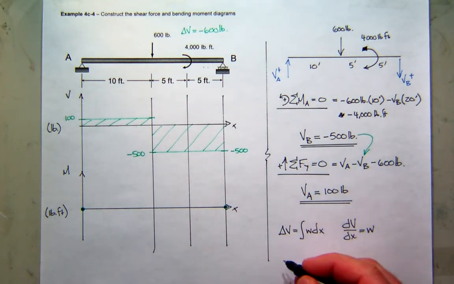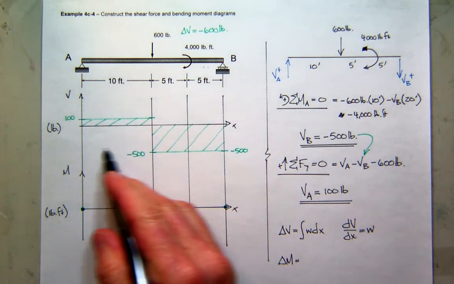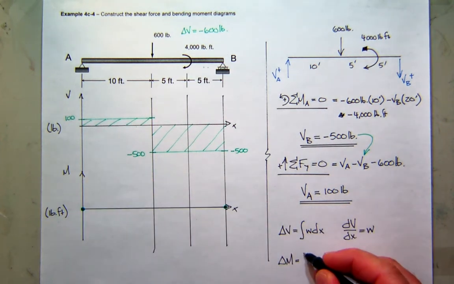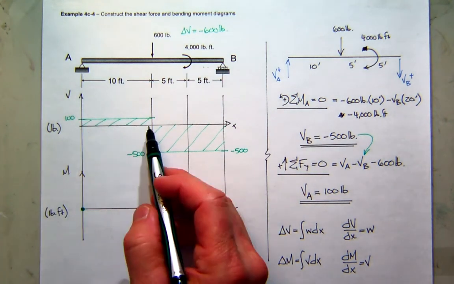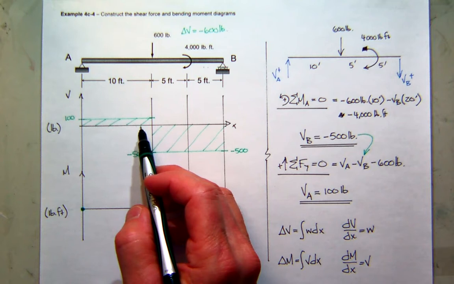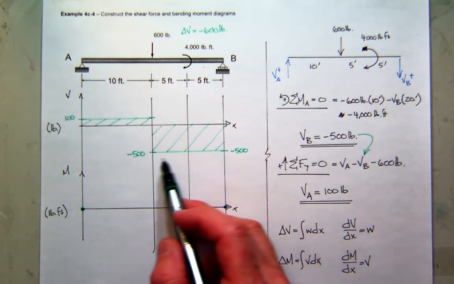We also know that the change in moment between any two parts on the load diagram is the area under the shear, and that the slope of the moment diagram is the value of the shear. You can see our shear diagram is in two parts. One over the first 10 feet and then one over the second 10 feet.